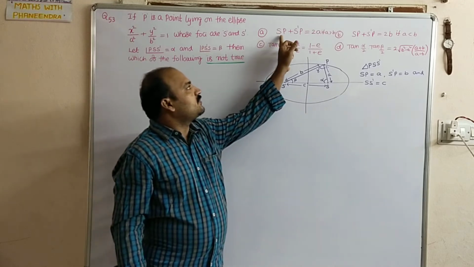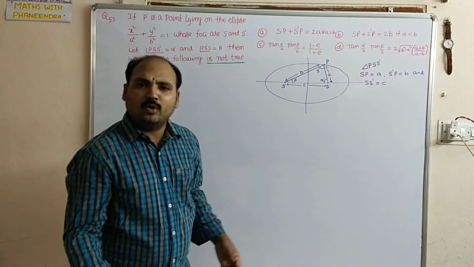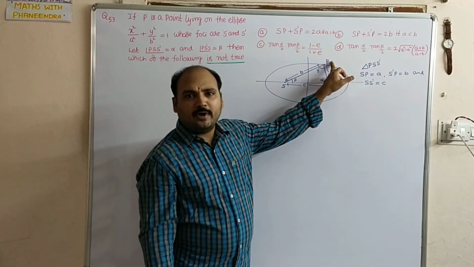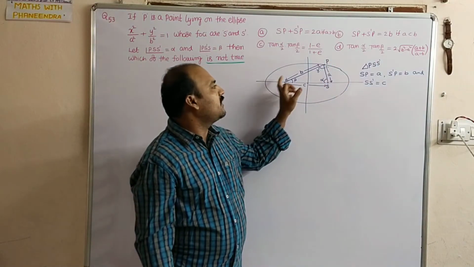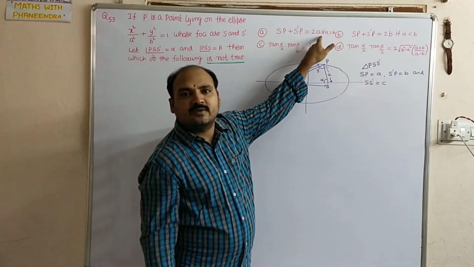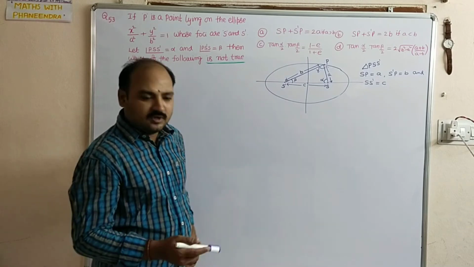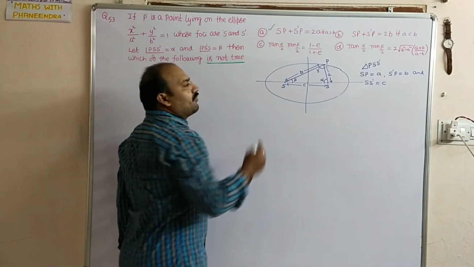First option is SP plus S dash P equal to 2A if A is greater than B. We know that this is the standard result. P be any point on the ellipse, the sum of the focal distances SP and S dash P is equal to length of major axis when A is greater than B. So first option is the right option.